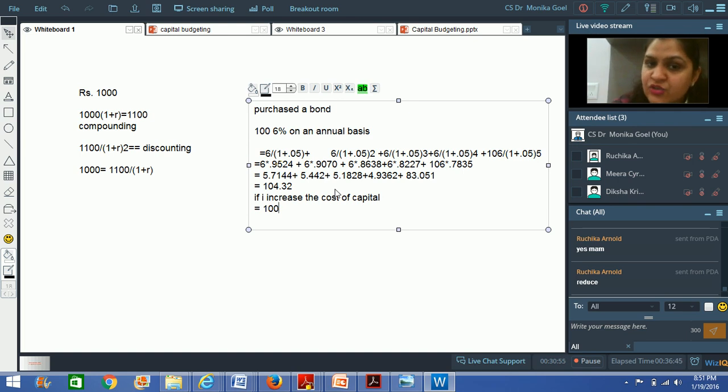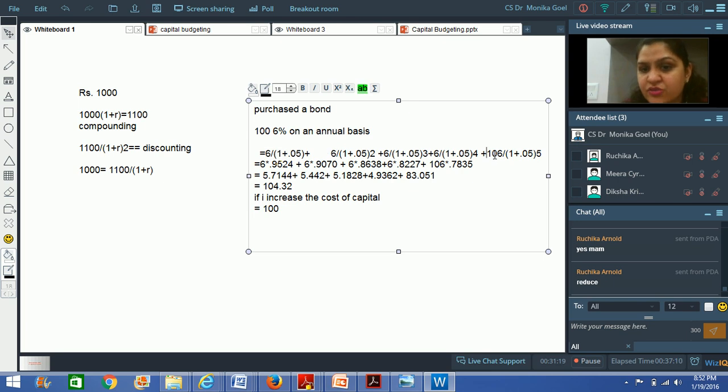Yes, it will reduce. So at 6%, the value of the bond will be 100 rupees because what you're getting is also 6%. Right? So 106 divided by 1.06 would come to around 100 rupees. If you increase the cost of capital, the value of the bond will reduce, and if I reduce the cost of capital, the value of the bond will increase.